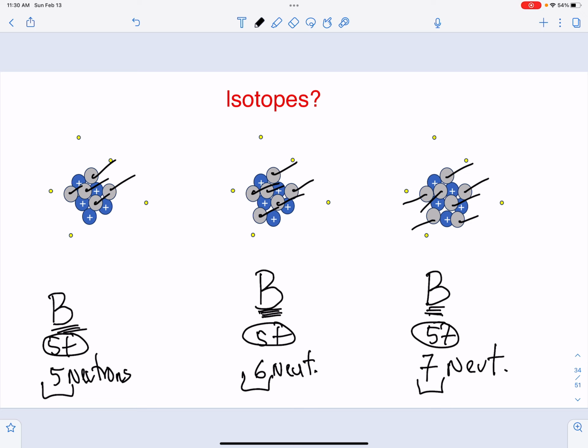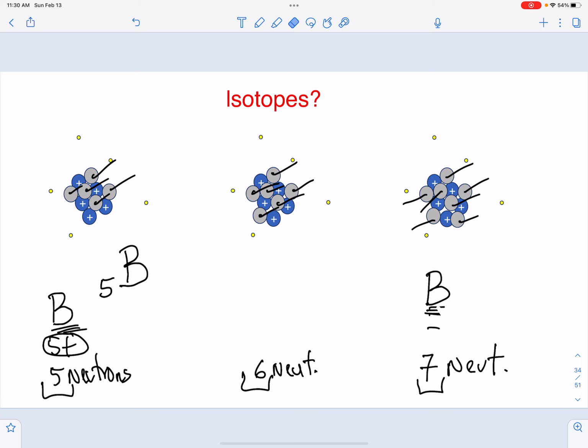So how can we represent this? We're going to create an isotopic symbol. The element is boron. We know it's boron because it has 5 protons. So the element is boron, and we have 5 protons.